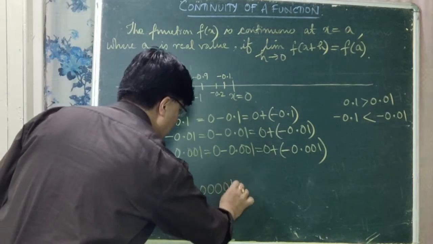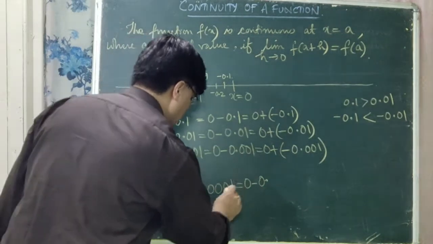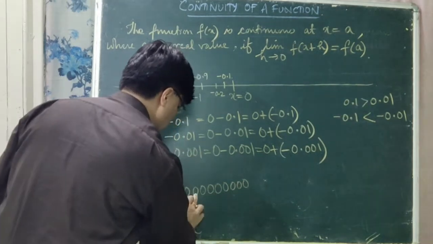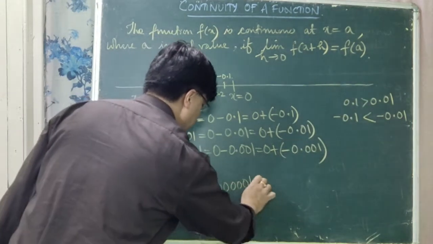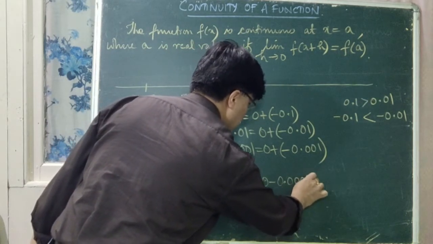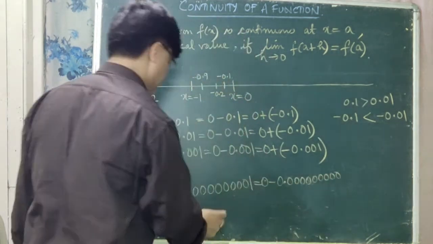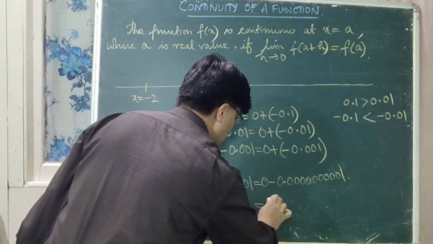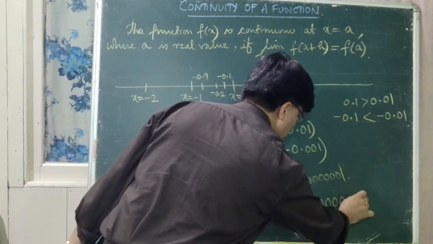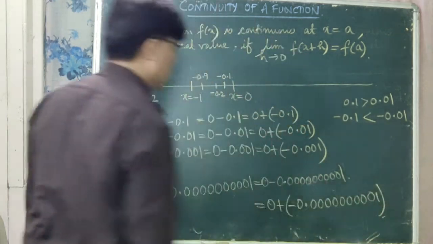So you may have -0.9 zeros and 1, which is equal to 0 minus 0.00000000 and 1. Suppose there are 9 zeros, 1 2 3 4 5 6 7 8 9, which can be written as 0 plus within bracket minus 0.000000000 and 1.